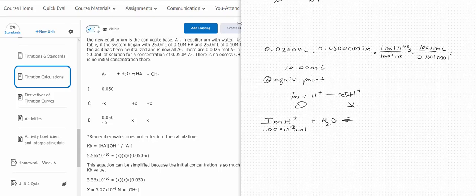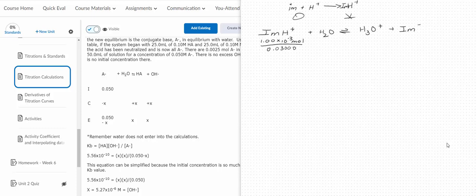Now it is going to be in equilibrium and it is in an aqueous solution. And what we're going to do is end up forming hydronium ion and imidazole. But with what values? So I need to divide these moles by the total volume. The total volume here is 30 milliliters because what we're going to end up doing is setting up a Ka.